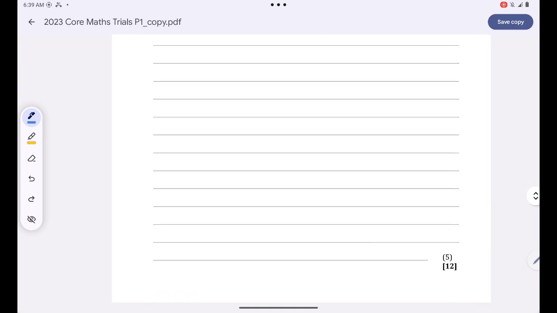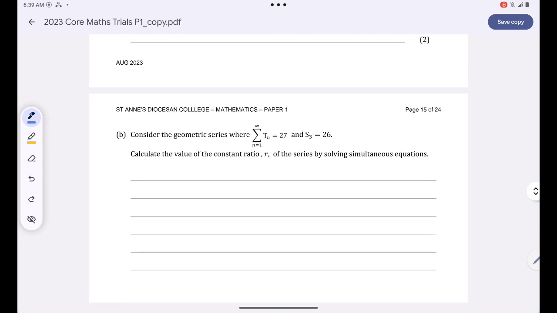Okay, and then now, guys, we are told to consider a geometric sequence. We are told that the sum to infinity is equal to 27, and the sum of the first three terms is equal to 26. They want us to calculate the value of the common ratio of the series by solving simultaneously.